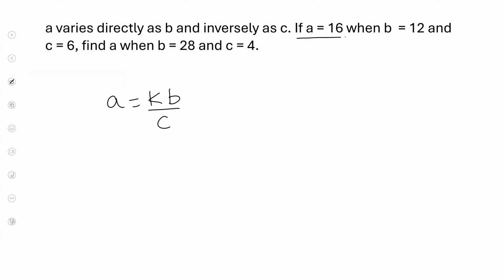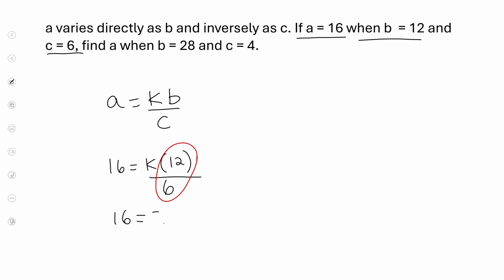If A is 16, when B is 12, okay, let's do that. A is 16, B is 12, C is 6. Let's stop there and find K. So 12 divided by 6 is 2. So this is actually 16 equals 2K. Divide both sides by 2. K is just 8.